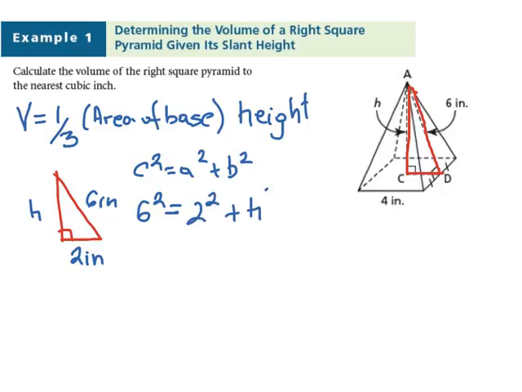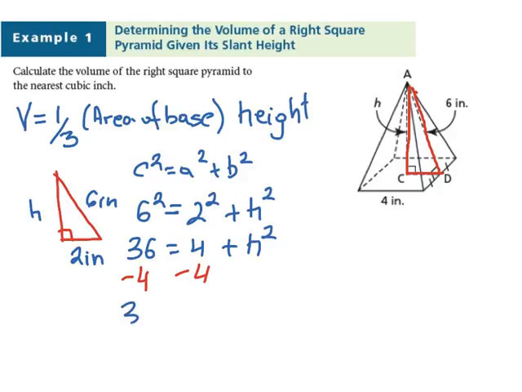So 36 is equivalent to 4 plus the height squared. How do we get the 4? Because it's 2 squared. We subtract 4 from both sides to separate the h from everything else. We'll get 32, which is equivalent to height squared.